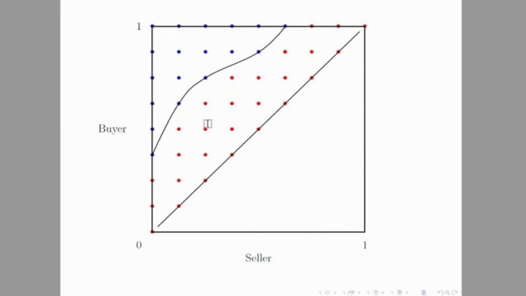So the red dots describe the area where efficient trade should take place, but it doesn't, in the welfare maximizing, incentive compatible, individually rational and budget balanced mechanism.